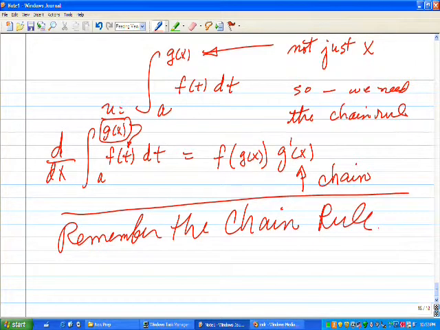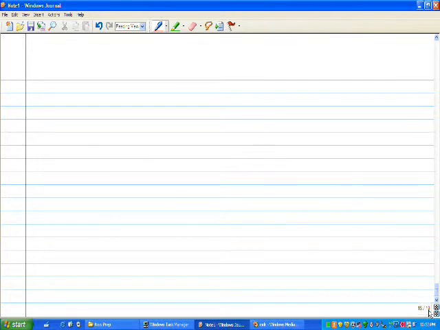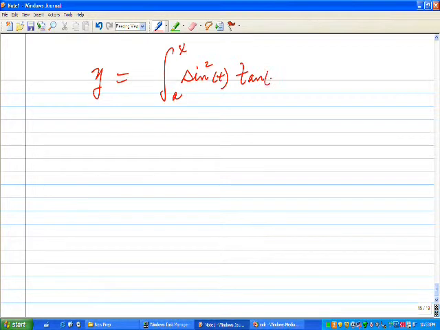So let's work an example or two. Suppose we have y equal to the integral from a to x of sine squared of t times tangent of t dt.